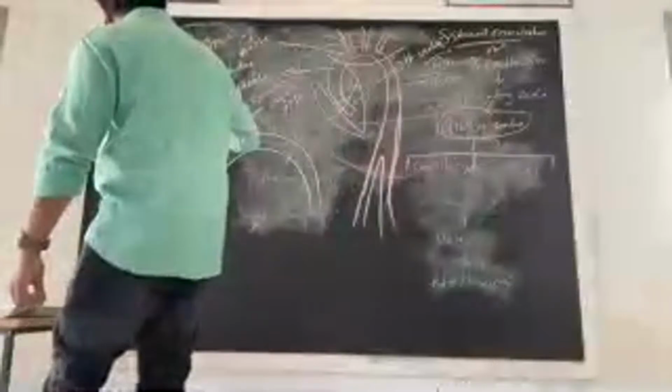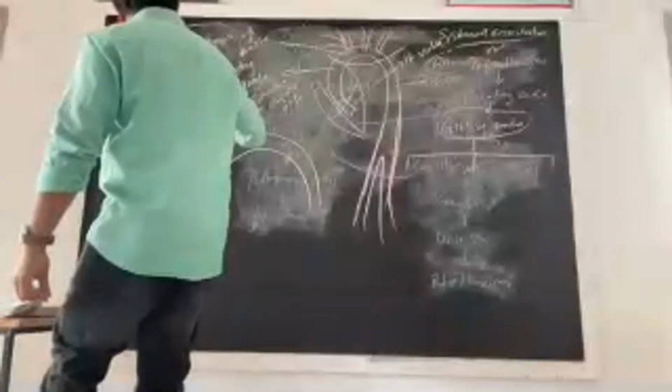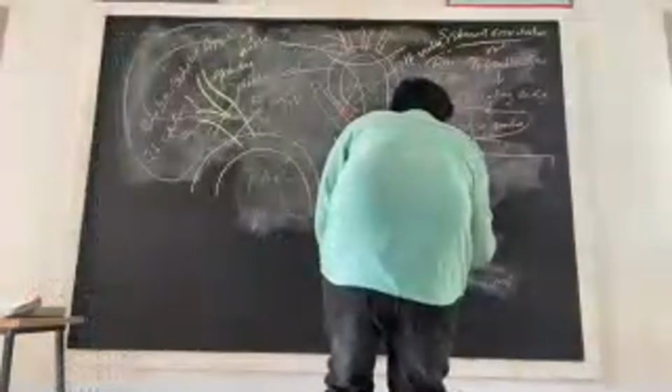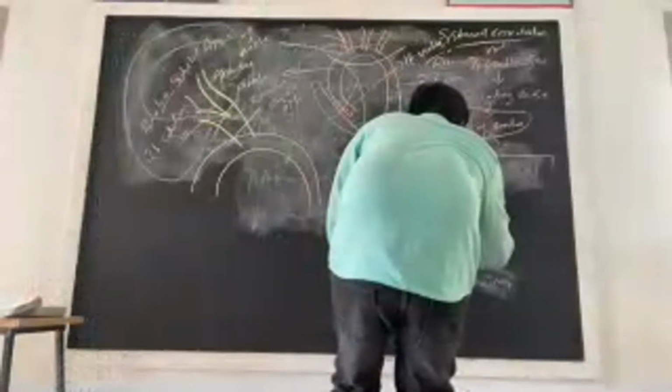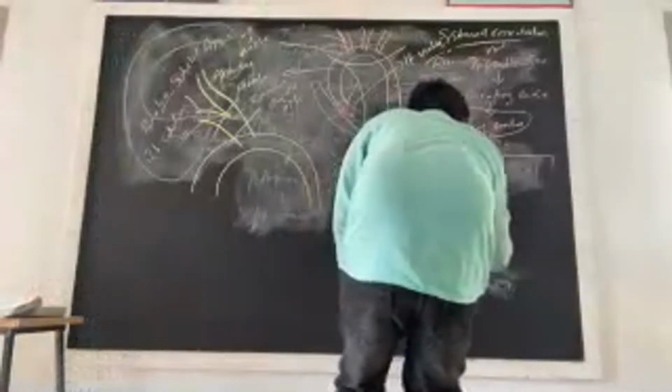Since this is towards the right side, the first one is the right subclavian artery. So we will write here: right subclavian artery. Clear?